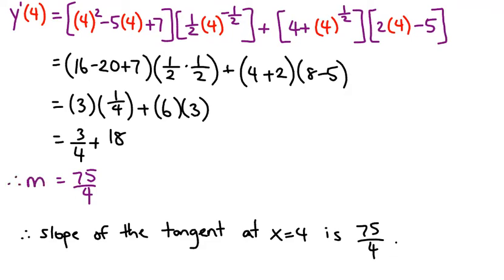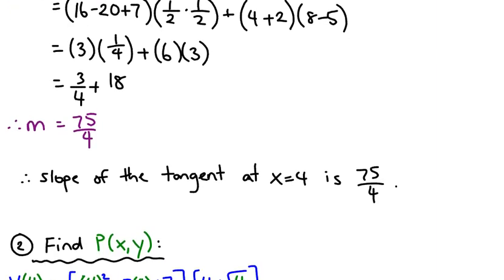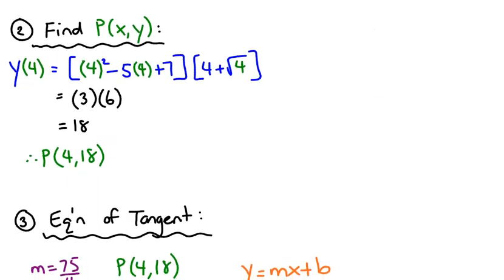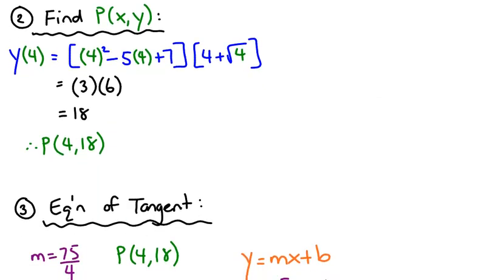All right, so once you start solving, you'll find that when you substitute 4 in, you actually get a slope of 75 over 4. Okay, so that's the slope of the tangent. What I'm then going to do is I need a point because once I have the slope and a point, I can then find the equation of this tangent line. So to find the point, I'm going to substitute that 4 into my actual equation. Okay, so into the original blue function, I put the 4 in and I get my point, which is 4 and 18.